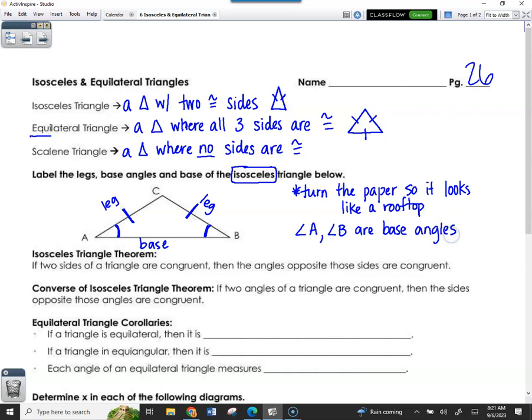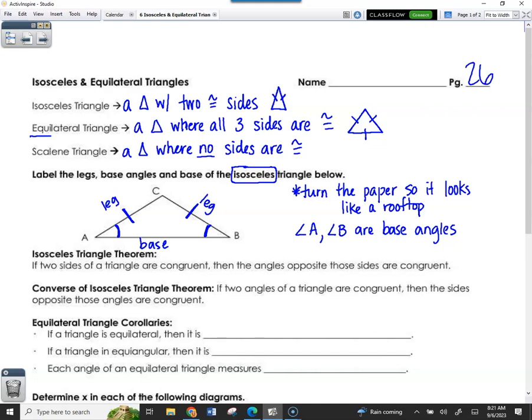It's really important that you know that vocab word and you can find the base angles. When we start practicing, I'm always going to say, turn it like a rooftop. Where's your base angles? That's what I'm going to say every time, okay? Because if you turn it like a rooftop, you find your base angles, the relationship is they're always congruent. And that's because it's an isosceles triangle.